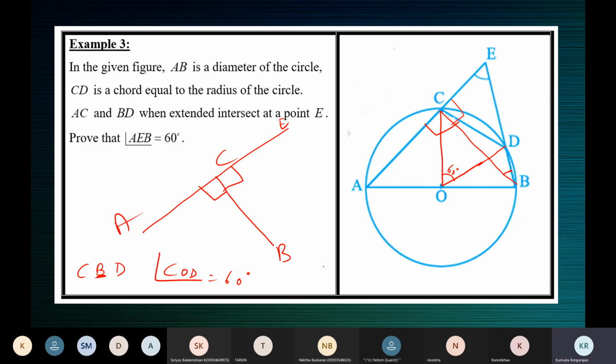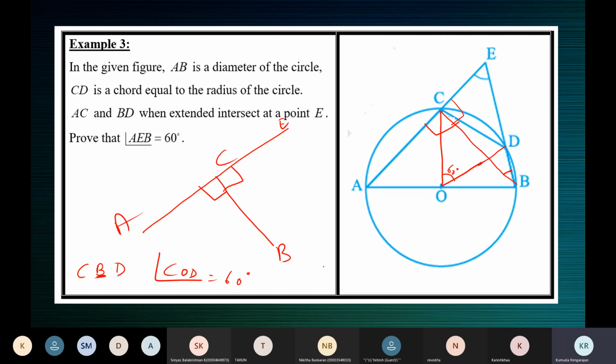So CBD is equal to how much? COD is equal to CBD, right? Children, what will be the measure of angle CBD?